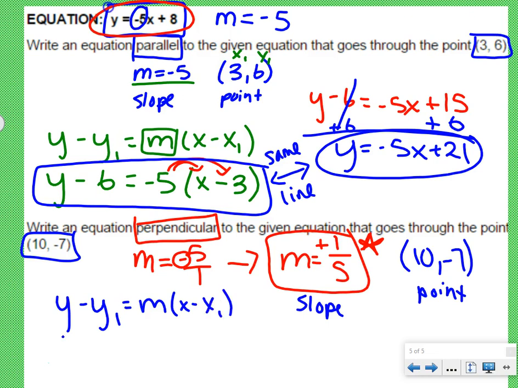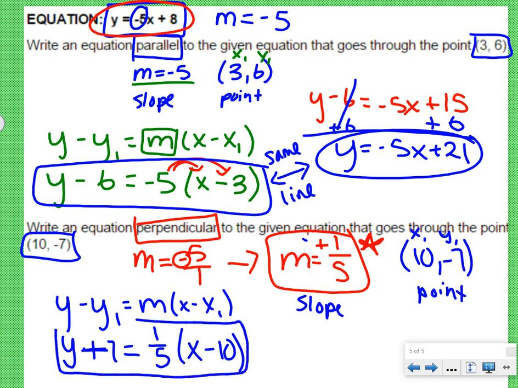Plug in the given information: y minus y1, which we get from the point, is negative 7, equals m, 1/5. Remember, we're using this new slope right there. And then x minus x1, which is 10. Make sure we change this double negative to a positive, and there we have our equation.